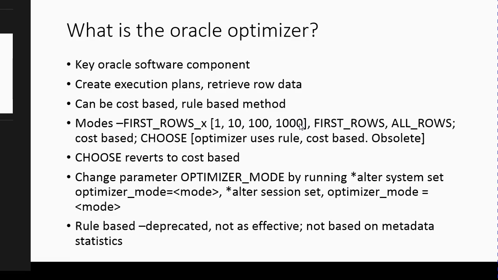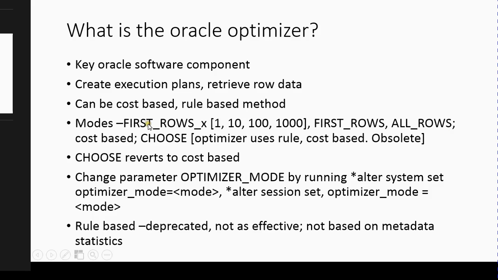You can perform all those separate queries, or you can just put first rows, and the optimizer will retrieve just the first few rows of the table. Or you can also use all rows, where you're giving the optimizer a chance to take its time and do the right retrieval.